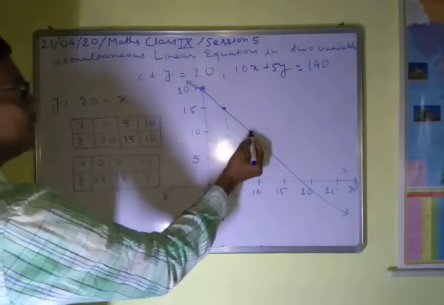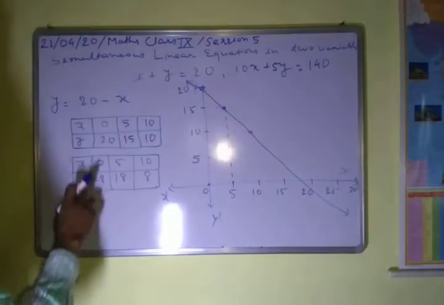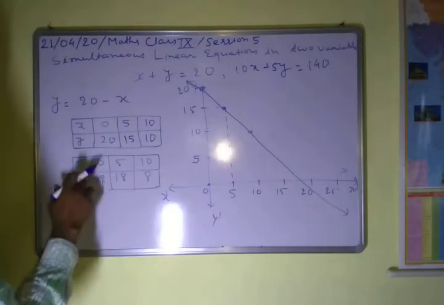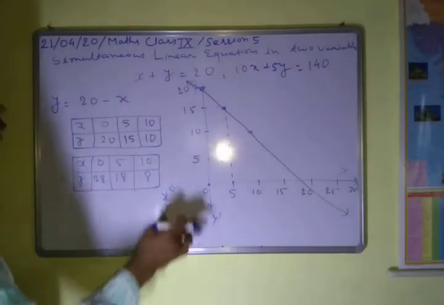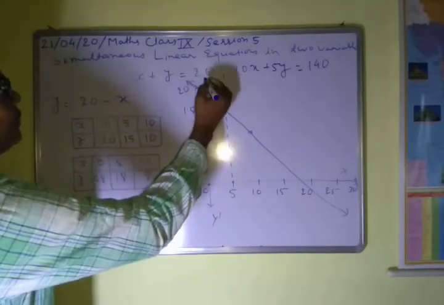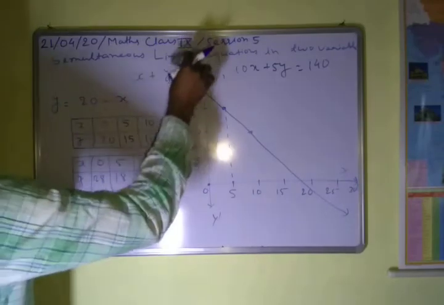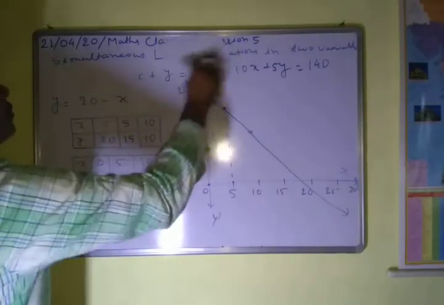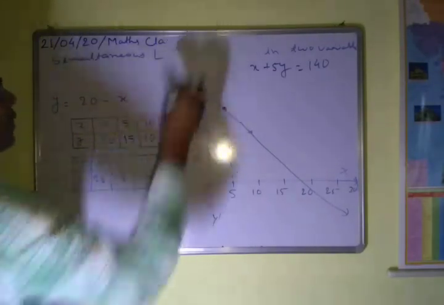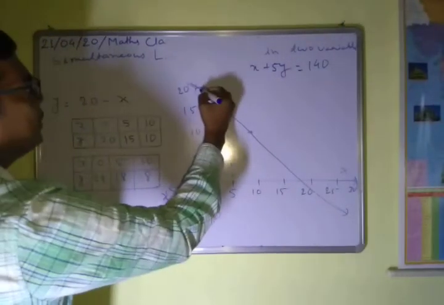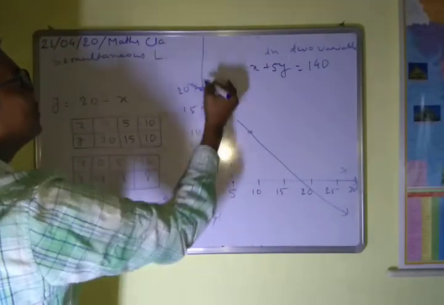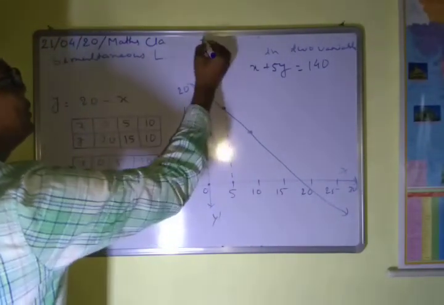Now take 0, 28: x equal to 0 and y equal to 28. I have to draw it bigger, so suppose it is 20, then 25, then 30 here.